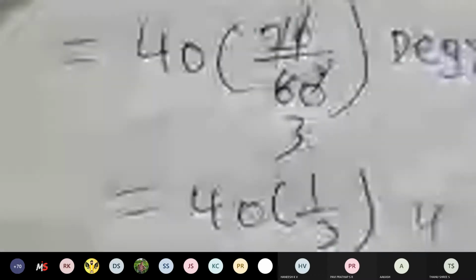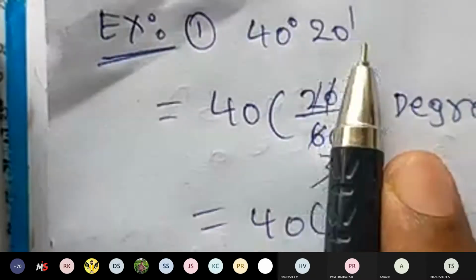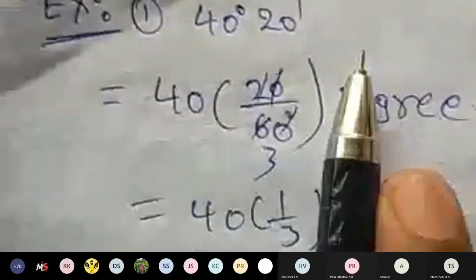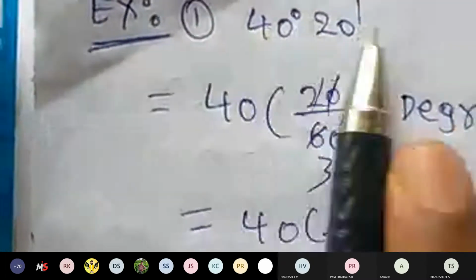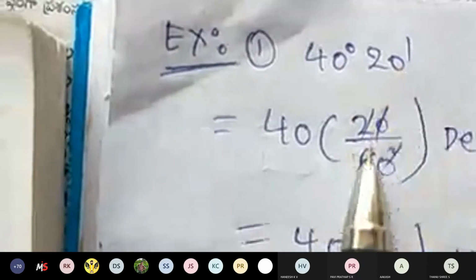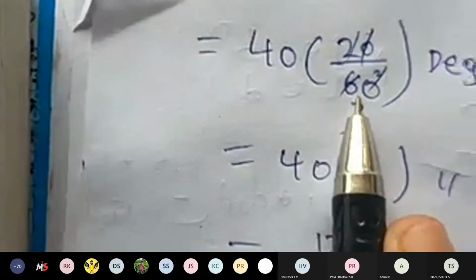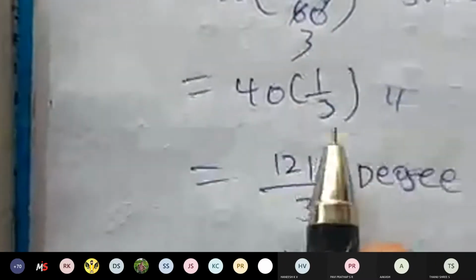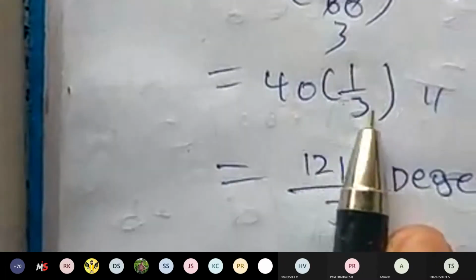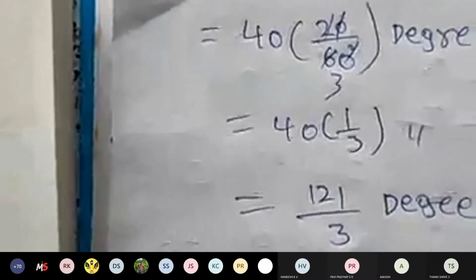So 40 degrees 20 minutes: 1 degree is equal to 60 minutes, so you have to convert minutes also to degrees. 20 minutes means 20 by 60, so 0, 0 will get cancelled, 2 1 ja, 2 3 ja. 40 into 1 by 3. Convert to mixed fraction: 40 into 3, 120 plus 1, 121 by 3 degrees.